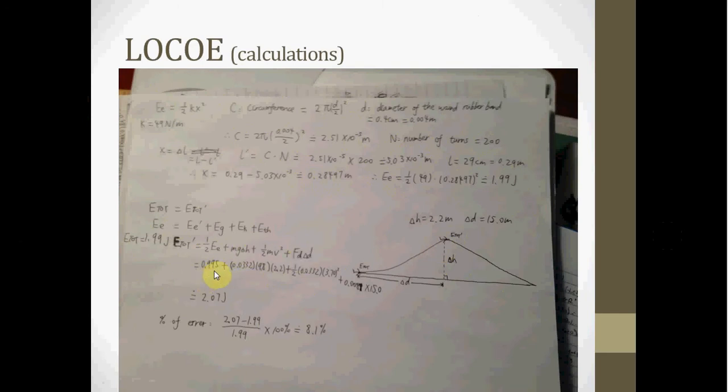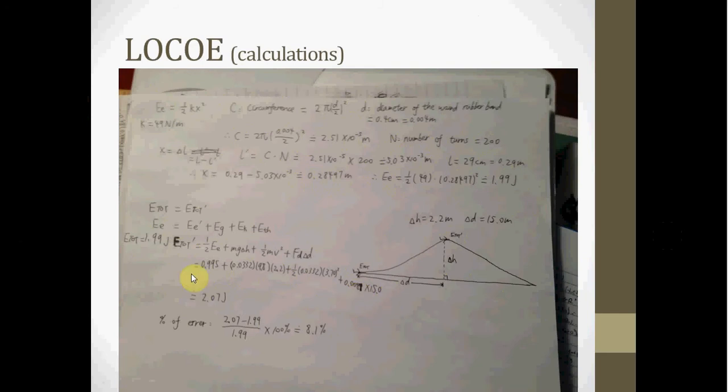So we calculated those and we put them in, and we found them to be 0.995 plus 0.0332 times 9.8 for our mgh for gravitational potential, and then we multiplied that by 2.2, which was the height which we got, and we did half mv squared as well to find the kinetic energy, as well as the force of drag, Fd times delta d, which was our drag.